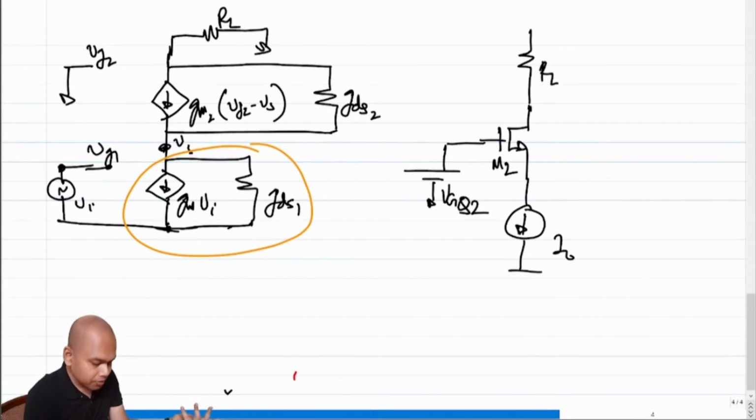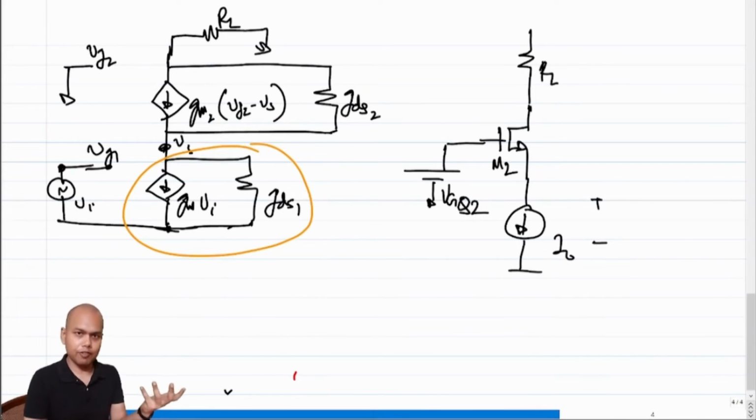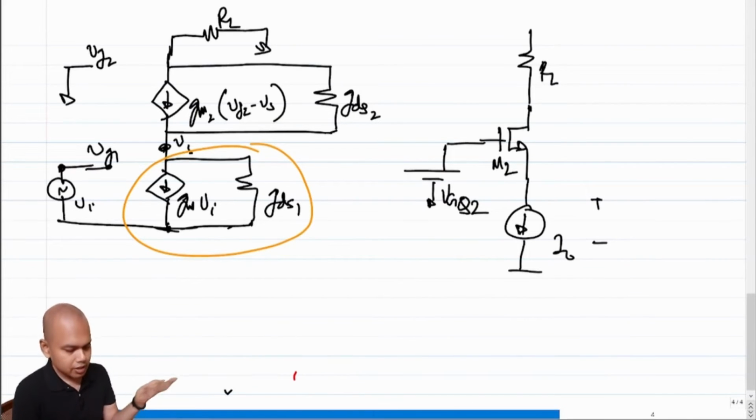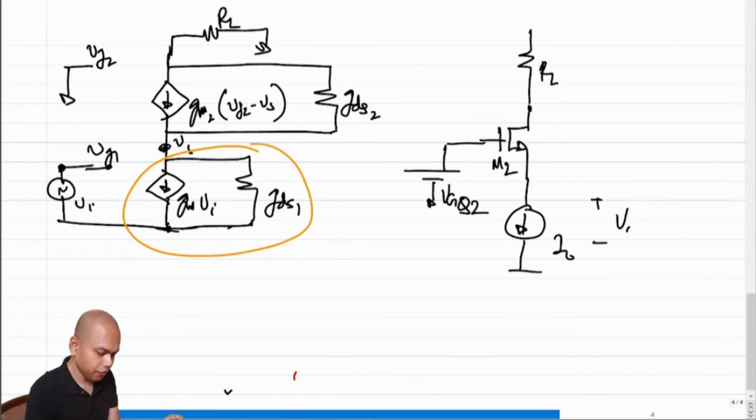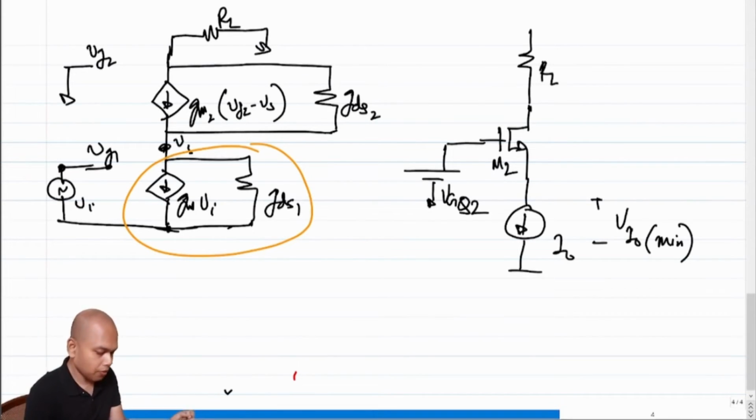For this, we need to ensure that there is at least some voltage across the current source I naught, otherwise I naught might shut off. Whatever that voltage might be is a specification for I naught, and let's assume that specification is V I naught min, right? If this is V I naught min, what will be the voltage required at VGQ2?